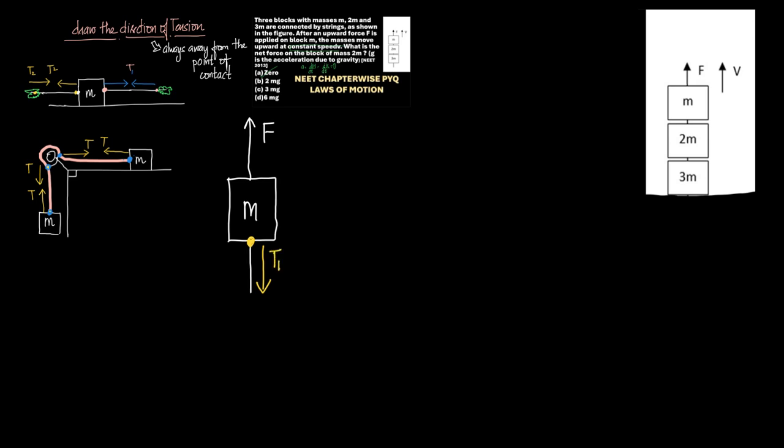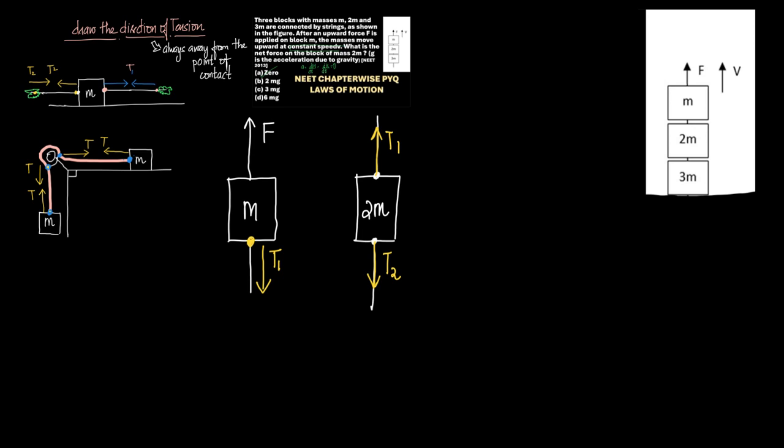Now we have another block, which is 2m. Look at that, 2m has two strings connected, one towards m, the other towards 3m. So there would be a point of contact here, string, point of contact here, string, and tension would be acting away from the point of contact. So we'll have here T1 acting away from it, and we'll mark the other as T2.